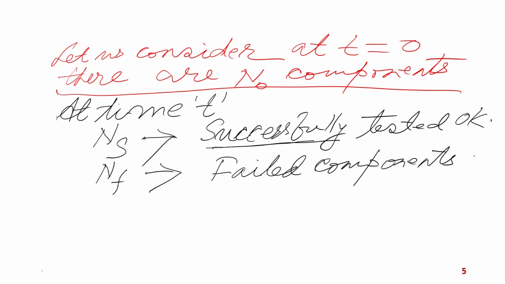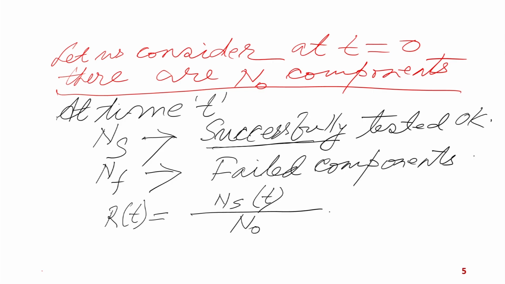So, now I can write the classical definition of probability, R(t) is equal to ns(t) by n0. Here t is a continuous random variable.